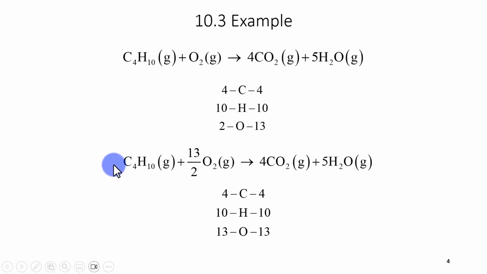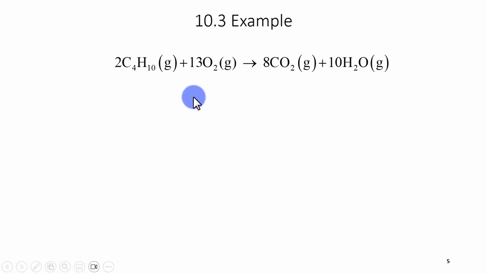And therefore, I would have 2 times 1, so 2 C4H10, 2 times 13 and a half, which gives me 13 oxygens, yielding 2 times 4 CO2 plus 2 times 5 H2O. So here it is.